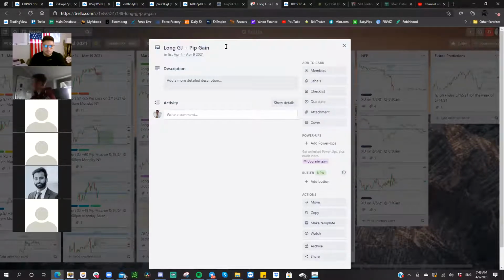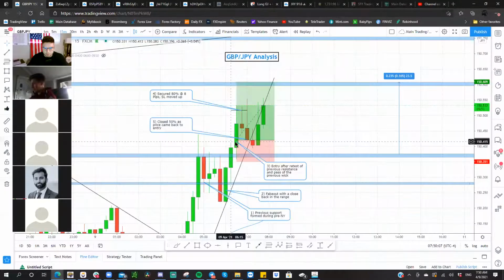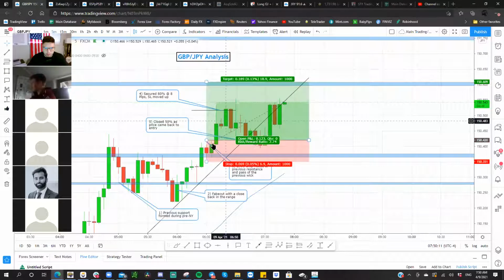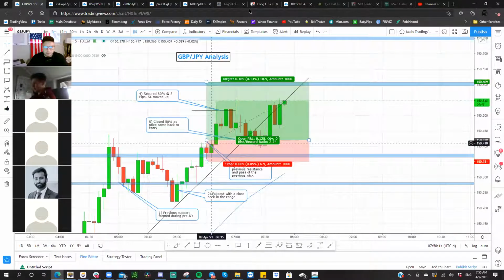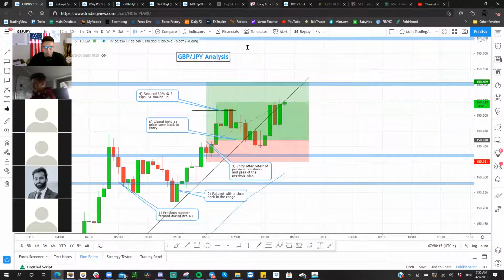Perfect. Long GJ, plus 15 on 4, 9, 21. When do we take this? Take this around 6:35. When you're journaling, guys, try to get the exact time.